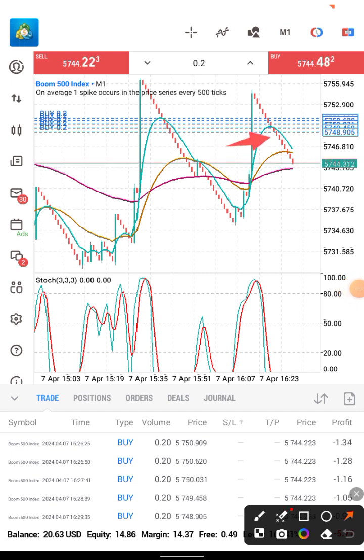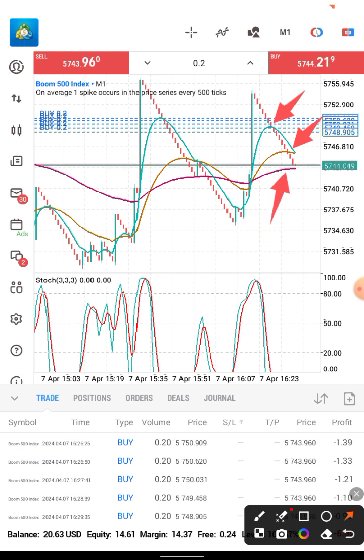I expected the price to spike around this first moving average in this spike. Expected it to spike around the second moving average, which is the dark yellow. So I expected it to spike around the third moving average, which is moving average 50. Are you getting it now?